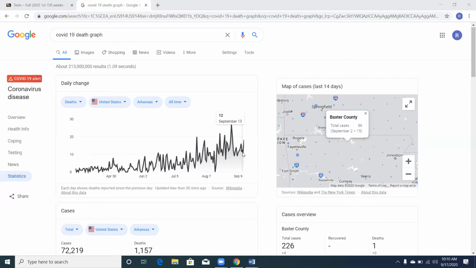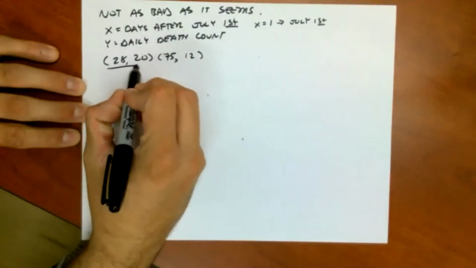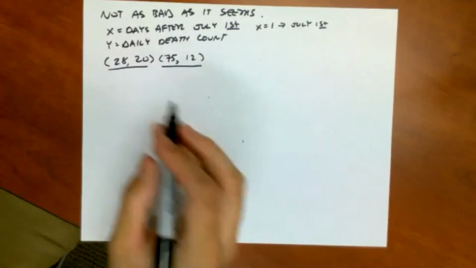So what I'm going to do really is think of a secant line going from this September 13th coordinate and this July 28th coordinate. So now I'm going to stop sharing my screen. Then I'm back here. So look, do you guys see this? These are my two coordinates, right? I'm just finding slope. That's all it is.